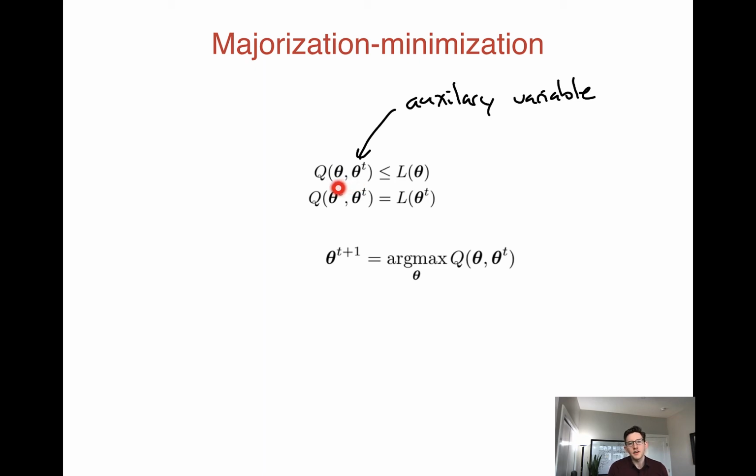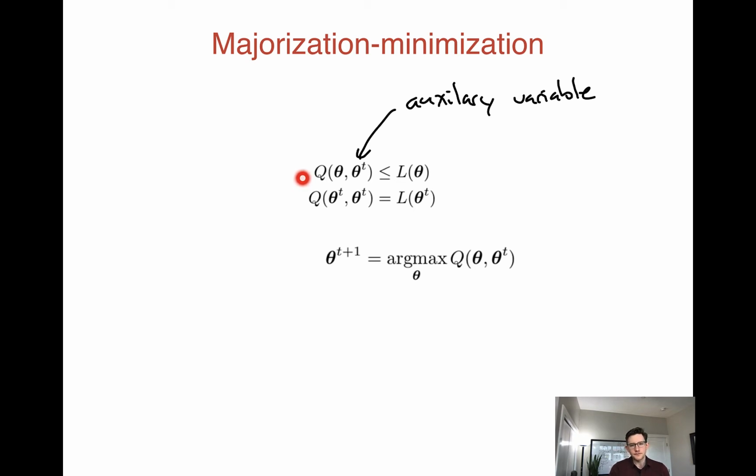Here we've written them as theta with no superscript and theta with superscript t. So we're going to require that q of theta, theta t is always less than or equal to the log likelihood with respect to theta with no superscript. That is the first argument. And we're going to require that if you give it the same argument, theta t, then that equals the log likelihood of theta t.